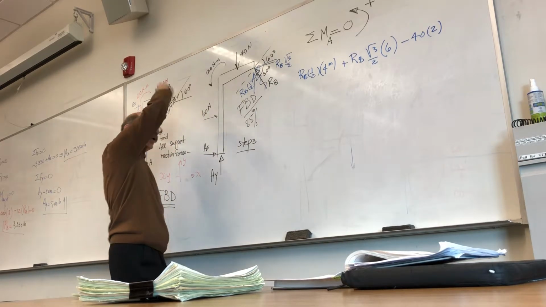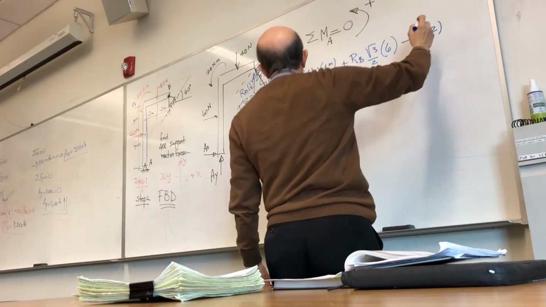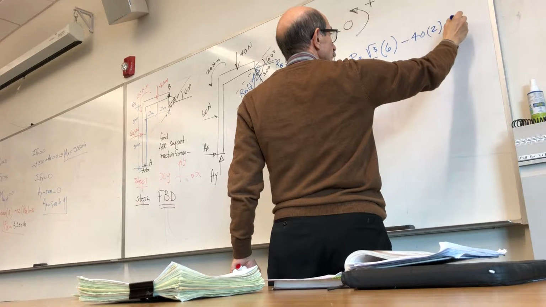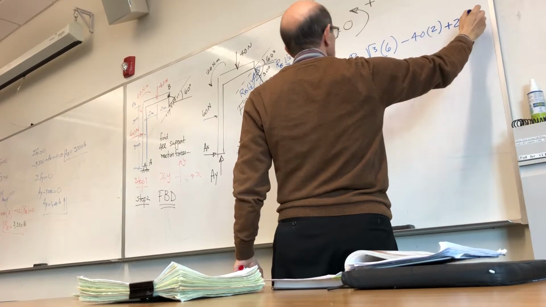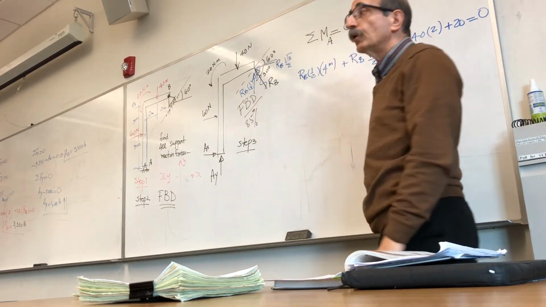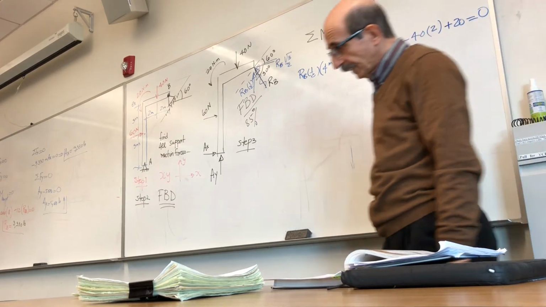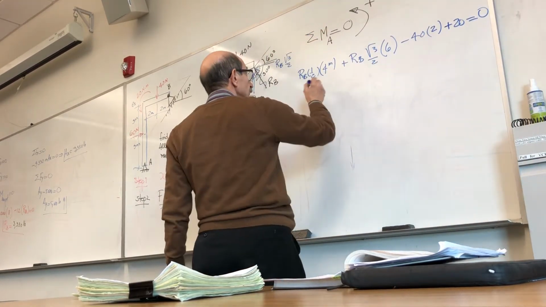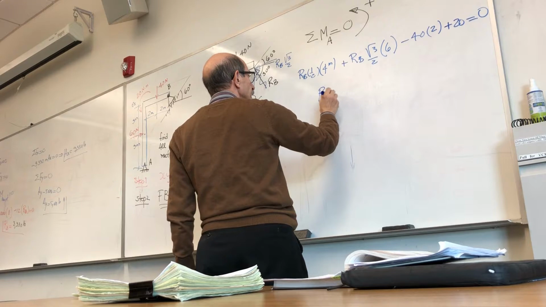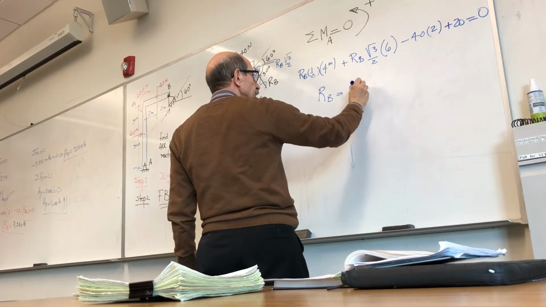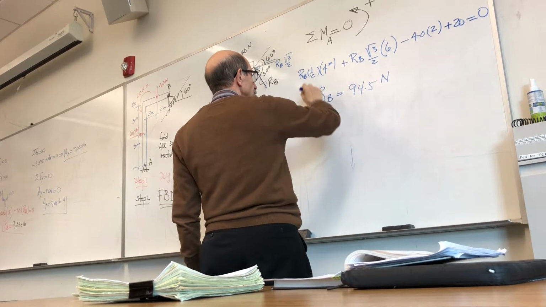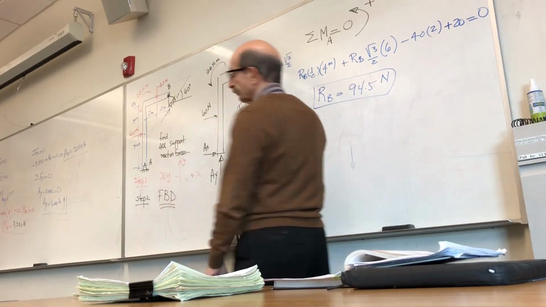And that is acting also counterclockwise, and it is 20 Newton meters, and that's it. Equate all of those to 0, and if you do that, RB comes out to be 94.5 Newton, once you solve that equation.